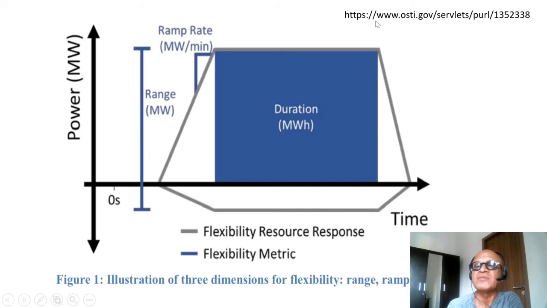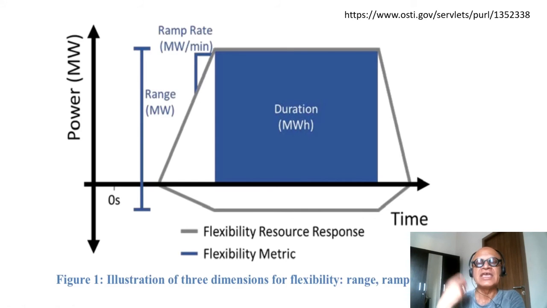So this is from this OSTI sector of DOE, the Department of Energy in the US. This is, I think, the Office of Science and Technical Information, which shows you power in megawatts, and then shows you the concept of a flexibility metric in terms of a range of megawatts. So there are things involved like the ramp-up rate for what is called dispatchability.